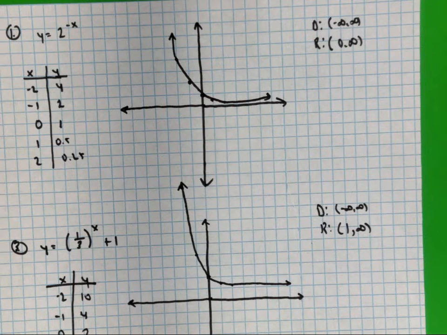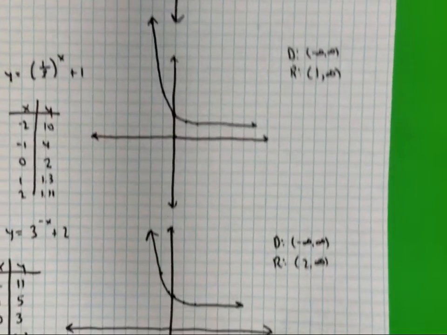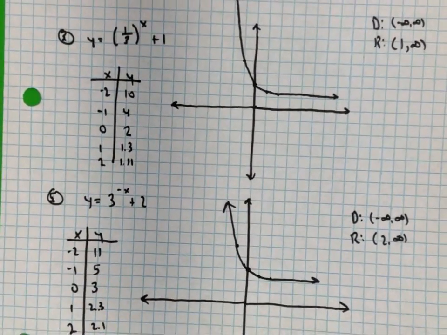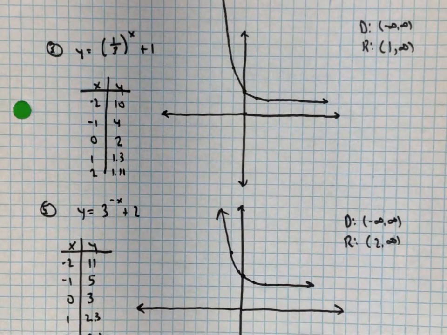Number 2, I have a fraction, so decay. That plus 1, so my range would probably be approaching what value? 1. And you can check your table to see. Number 3, it looks like growth, but that negative catches my eye and I say it might be decay because it's reflecting.